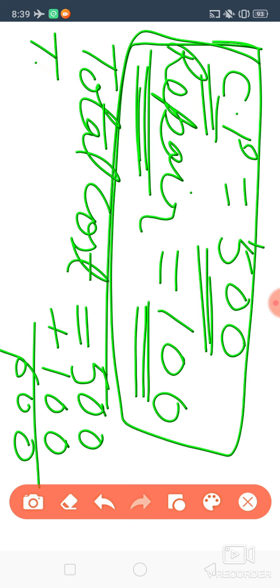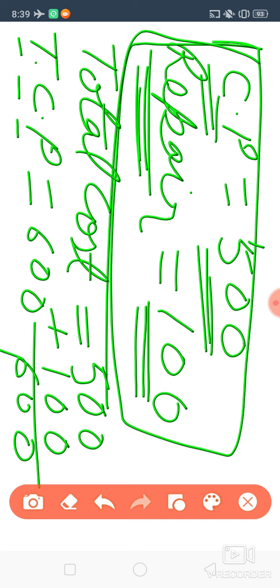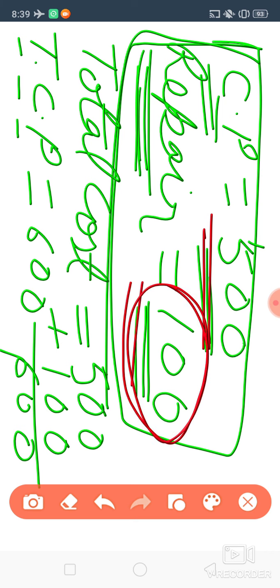So we'll write total cost price. In shortcut, T for total, C for cost, P for price. So total cost price is 600 rupees. Okay. So whenever after buying, you are buying for 500, and after buying any extra money if you are spending in repairing or in painting or in transportation to bring something from one place to another.